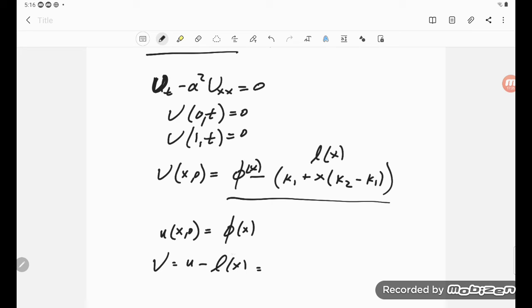Well, then for U of x and 0, that would have to be phi of x minus L of x. And so there we go. That's all we have to do to solve the new problem.